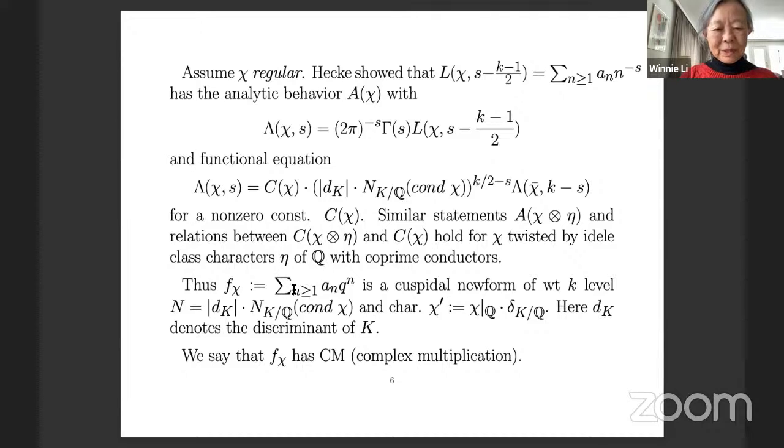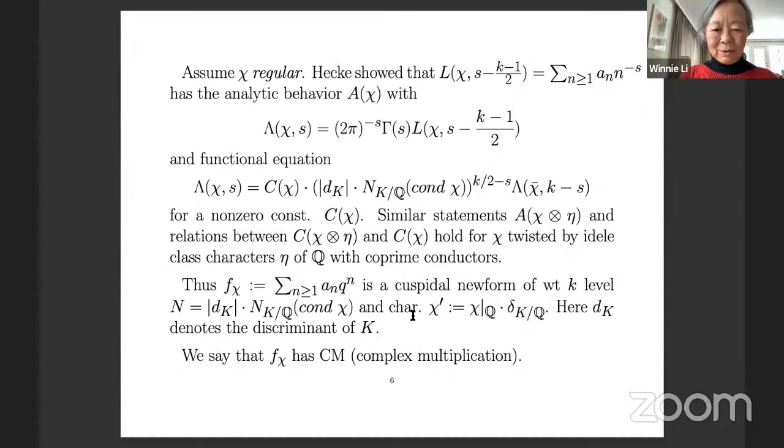If we form a function whose Fourier coefficients a_n come from the Dirichlet series attached to chi as we set up at the beginning, then this f_chi is a cusp form, which is a newform, where the level is given by the exponential factor here: the absolute value of the discriminant times the norm of the conductor.